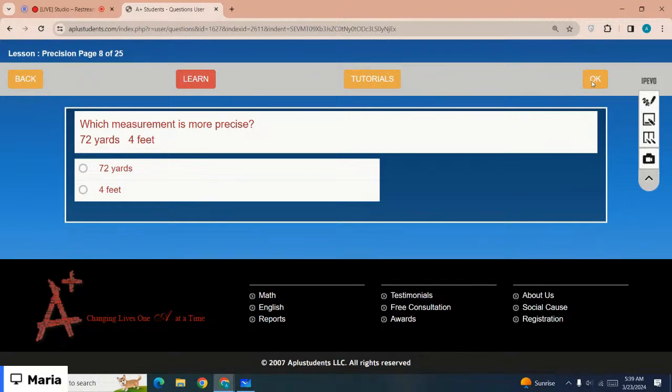Which measurement is more precise? 72 yards or 4 feet? Which is the correct option?